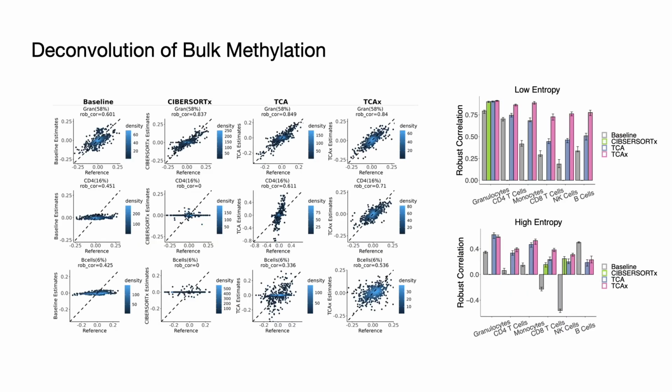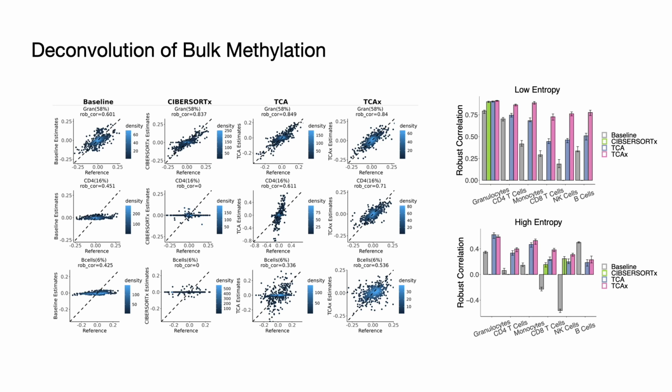If we focus on the left panels, rows represent different cell types. They're also ranked by abundance. The first row represents granulocytes, which is the most abundant one, and the last row represents B cells that are only 6%. Columns represent different methods, and within each panel, the x-axis represents the cell type specific profile after adjusting the mean.